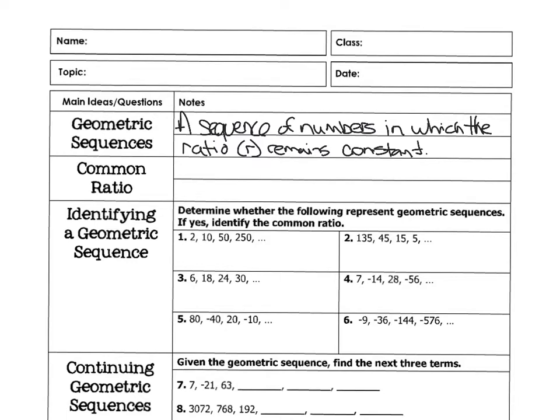All right. Common ratio, it's found the same way when you're finding the rate of change on an exponential table.